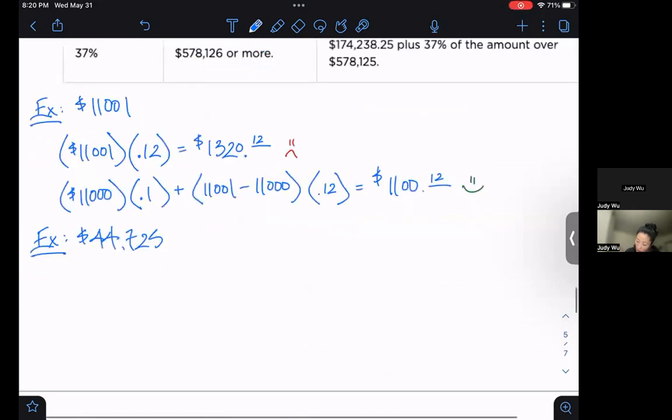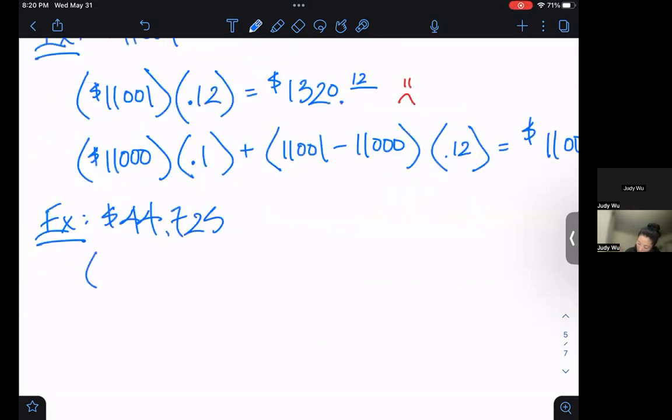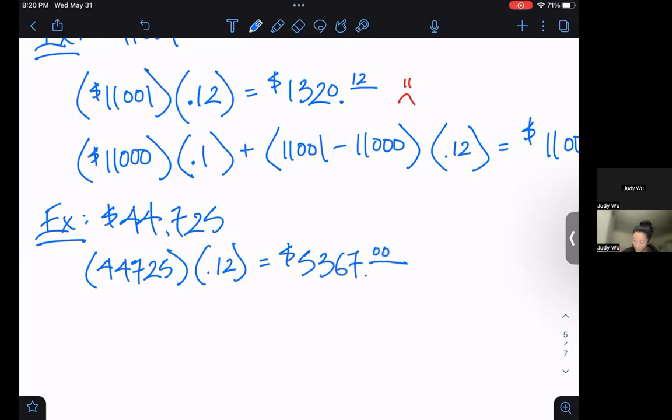Okay. So I thought that I would take all of this and pay 12% of that, which would be 44,725 times 0.12. That would be $5,367. Okay, that's what I thought.